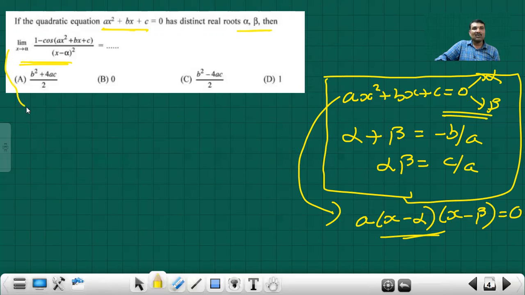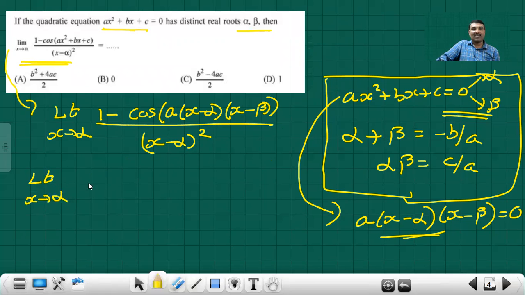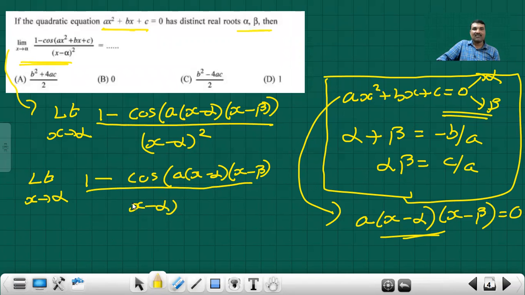So now the limit becomes limit x tends to alpha of 1 minus cos of a into x minus alpha into x minus beta, all divided by x minus alpha the whole square.